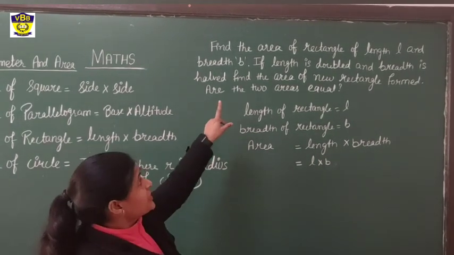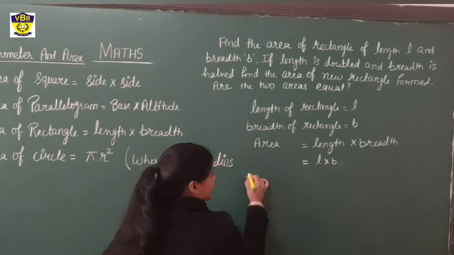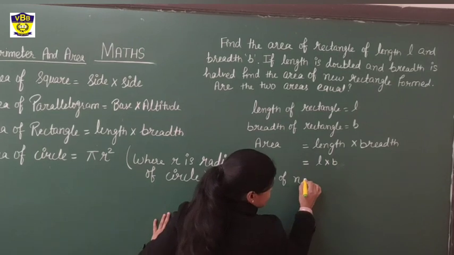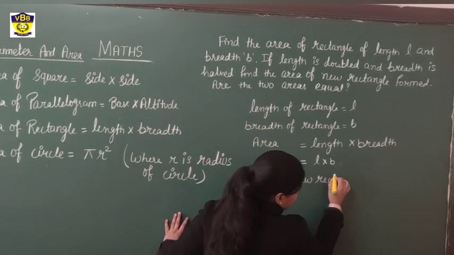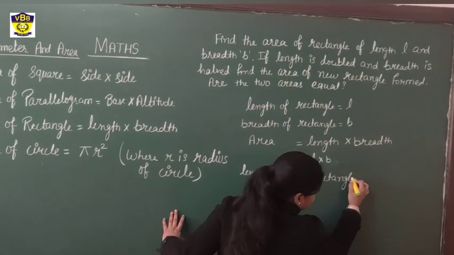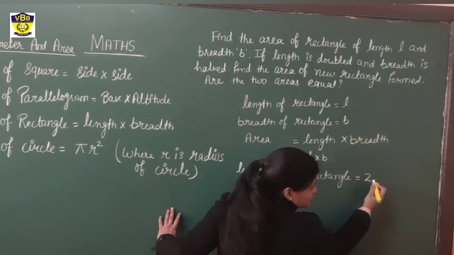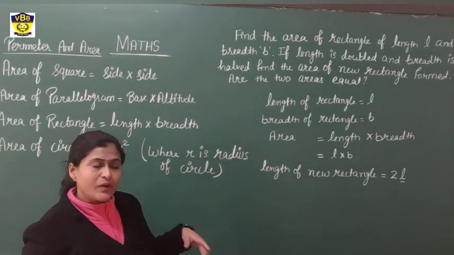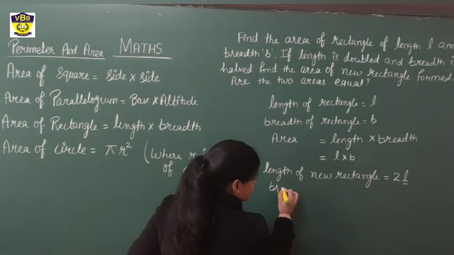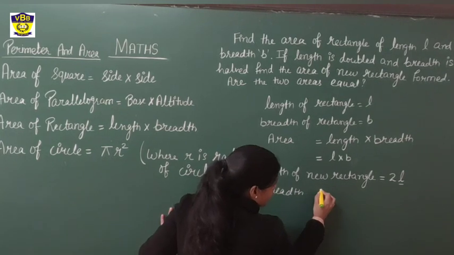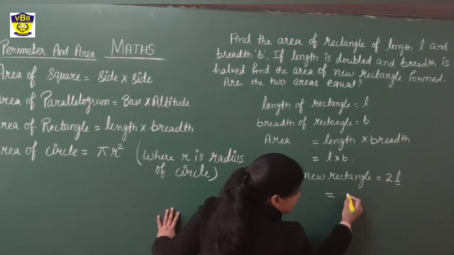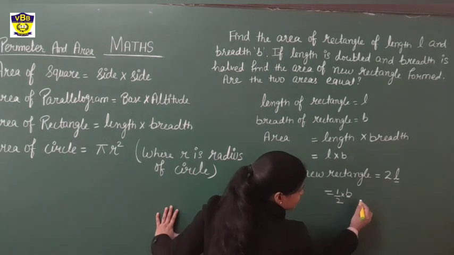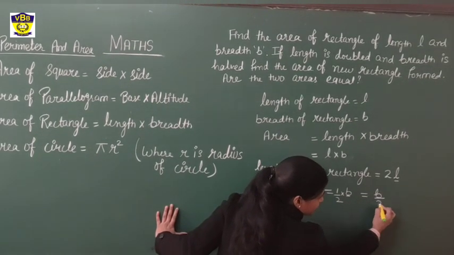Now the condition is, if the length is doubled, length of the new rectangle is double, it means 2 into the previous length, that is L. 2L. Breadth of the new rectangle is half of its breadth, it means B by 2.